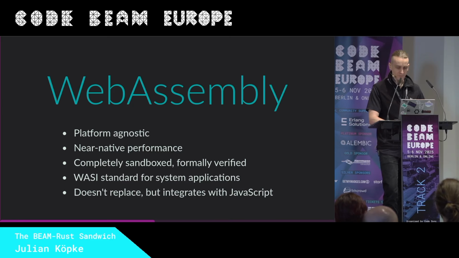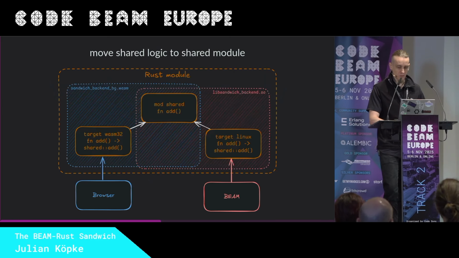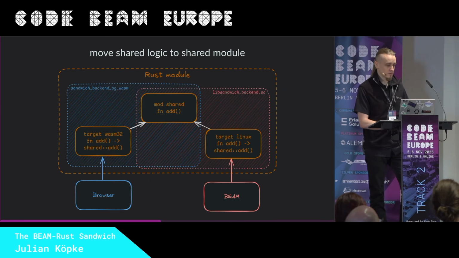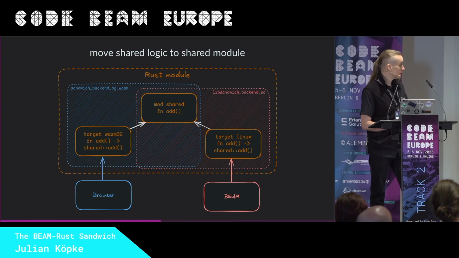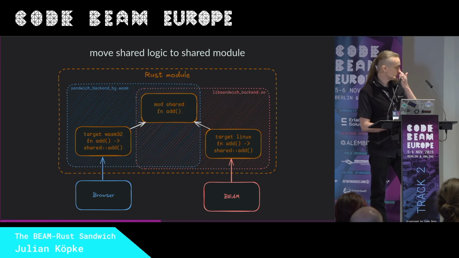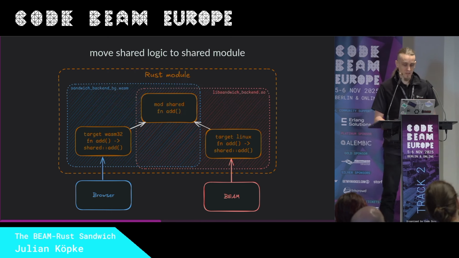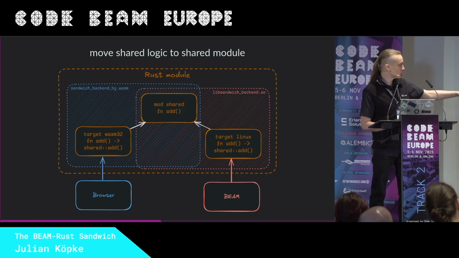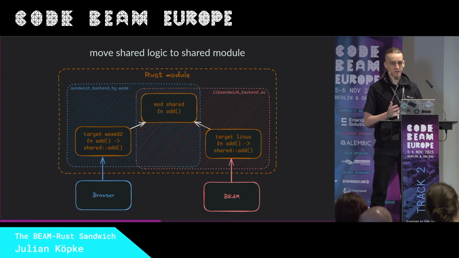So, how do we get our Rust code to WebAssembly? Here on the right, you see the first use case we had before. The BEAM calls into our target function, and we do something. But now we want to have some shared functionality.